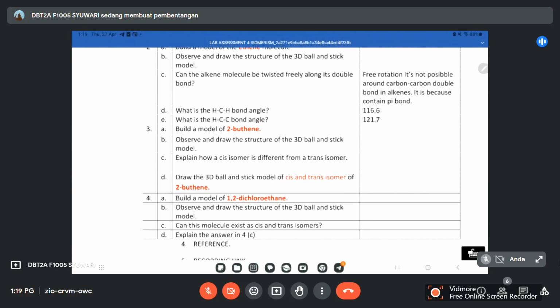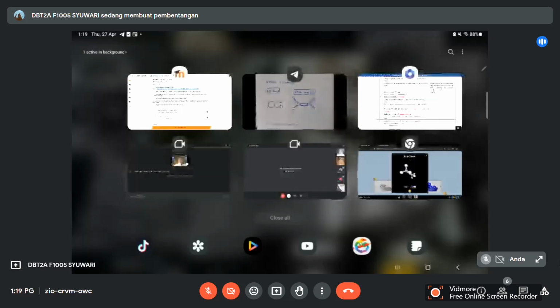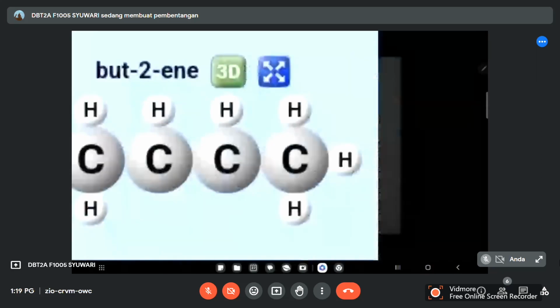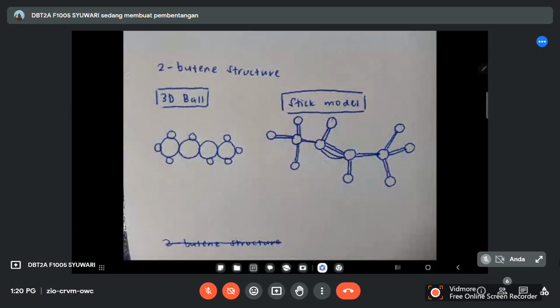So the drawing of the 2-butene model is like this. Okay, like this. You guys can see here the 3D ball structure and the stick model structure. Okay, that has been drawn.